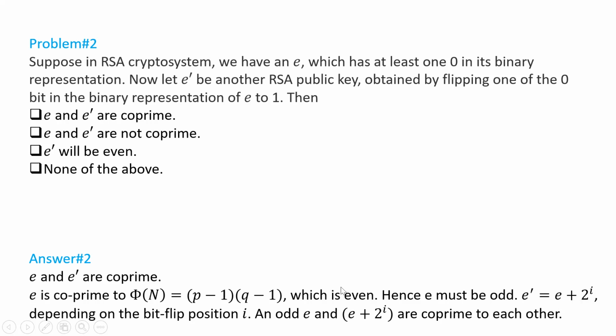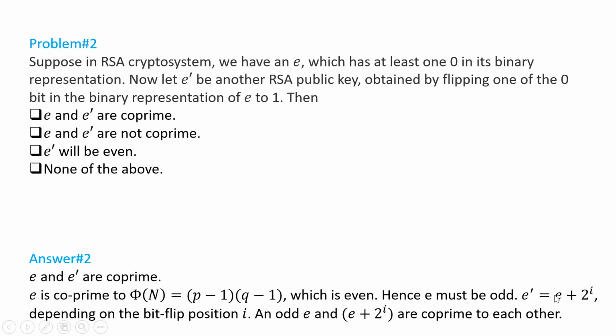And now it is just easy to see that because E is odd, it does not have any 2 in its factorization, right? Even if E is some composite number, all its prime factors must be odd.